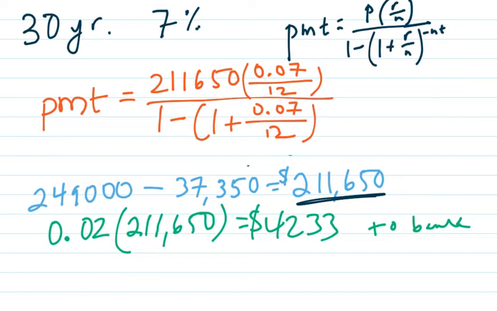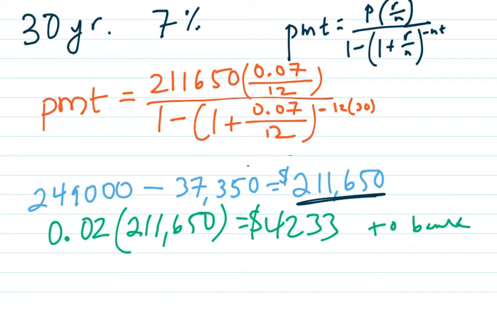That quantity raised to the negative 12 times 30, which indicates how many total payments you're going to make. If you have a 30-year loan and you make 12 payments a year because you pay monthly, that's going to mean that you pay 360 payments on this mortgage.